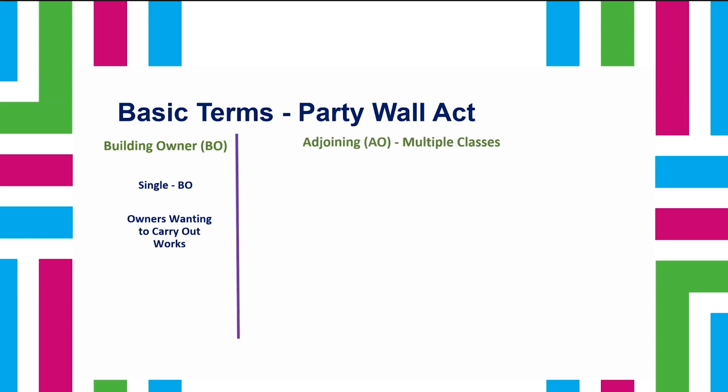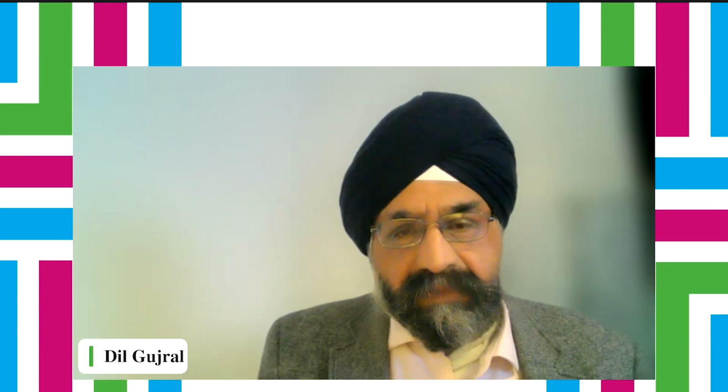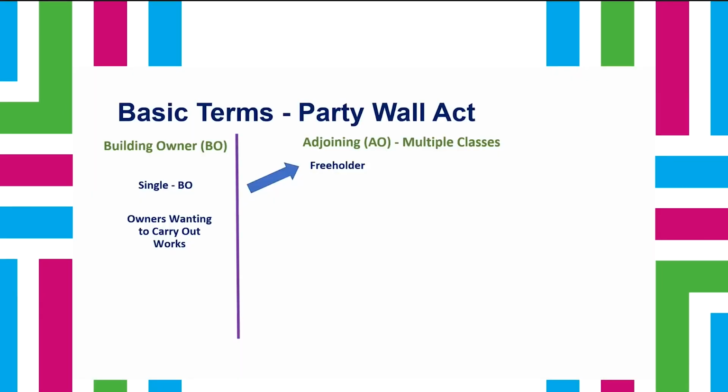Now, on the other side, you've got adjoining owners, and there's actually multiple classes of adjoining owners. This, I guess, is one of the most complex laws I've looked at. First of all, potentially next door you could have a freeholder, and you could also have a leaseholder. Leaseholders are leases of more than 1 year. You could have someone who's done one of these clever things, and they have rights to receive profits, or in a trust, or various things that happen creatively in the property business nowadays.